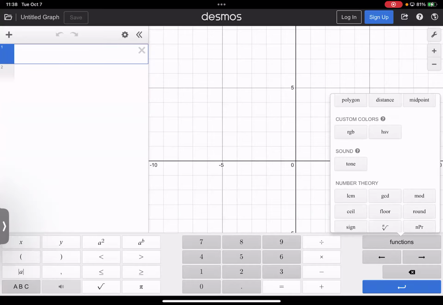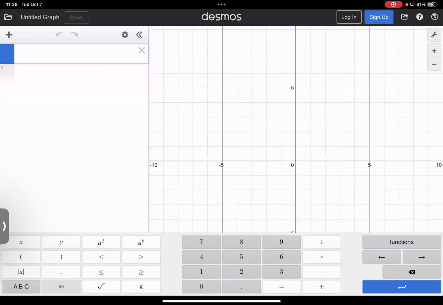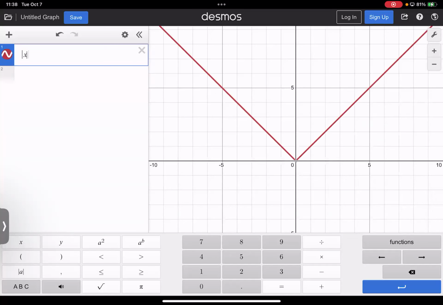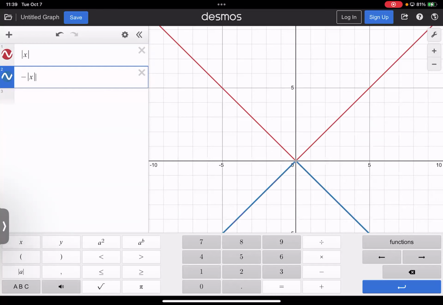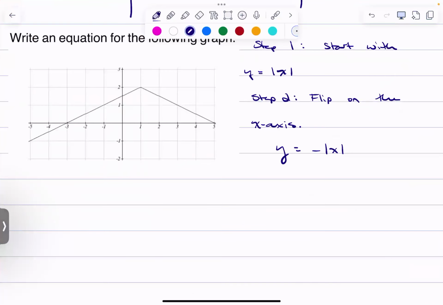Sorry. It's right there. Just tiny. No, it's the same size button as all the others. Just missed it. The absolute value of x, close that bracket. We start there. Okay. What if we do negative absolute value of x? Okay, good. So far, so good. That doesn't exactly look like this, though.